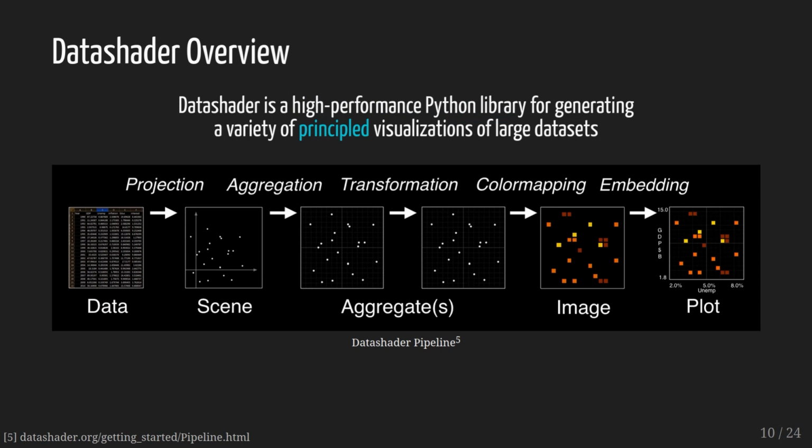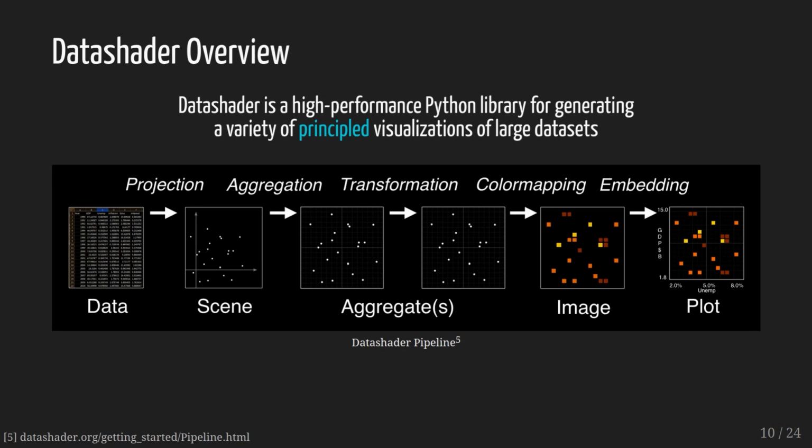Datashader creates images from data using a well-defined pipeline of operations, where the result of each operation is exposed to the user for inspection and customization. Data are projected into scene coordinates, then binned into a two-dimensional pixel grid. When multiple data points are binned to the same pixel, these points are combined into a single scalar value using a configurable aggregation operation like a count, sum, mean, or standard deviation.